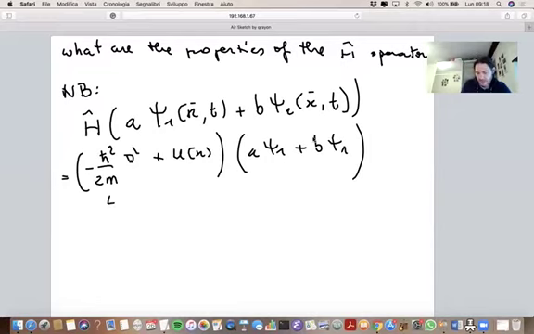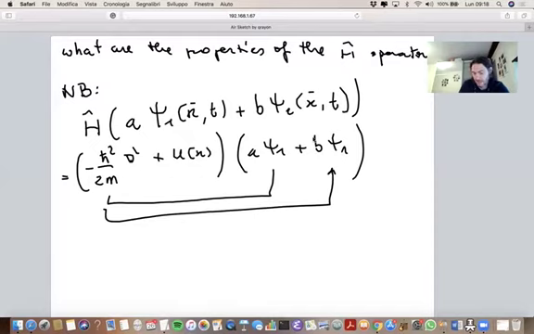Now, this is the differential operator that acts on here and acts on there, because the derivative of a sum of functions is the sum of the derivatives.